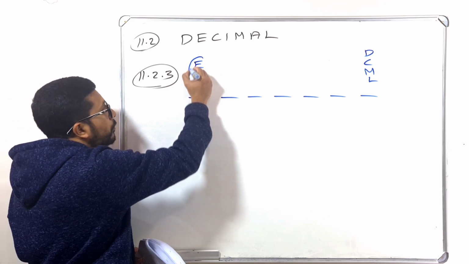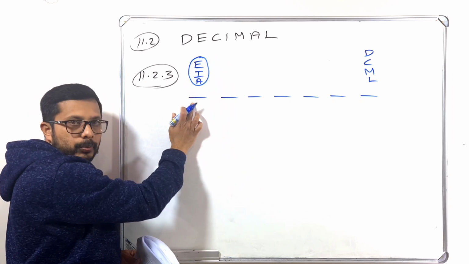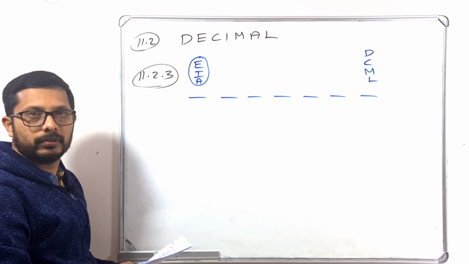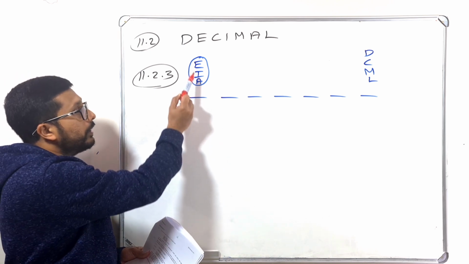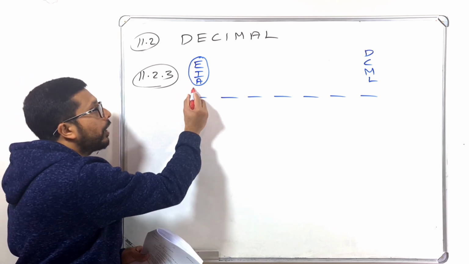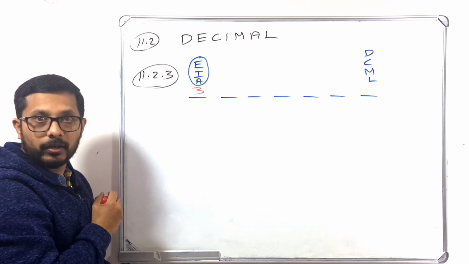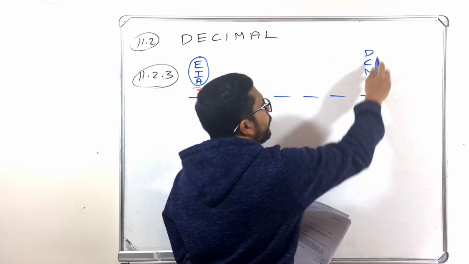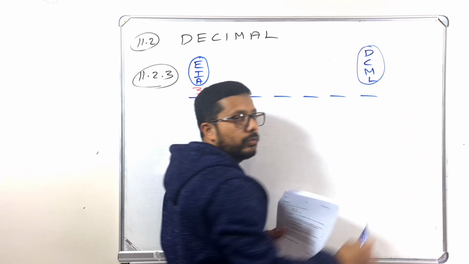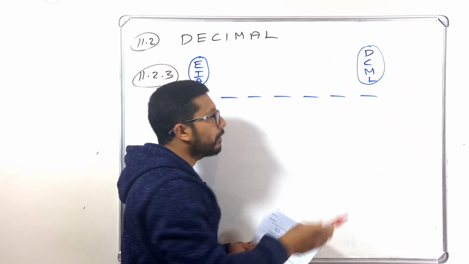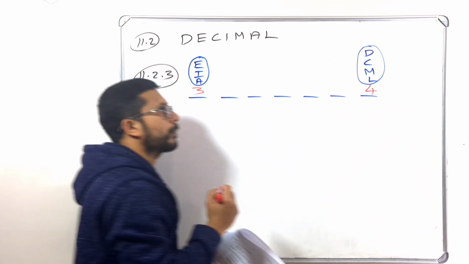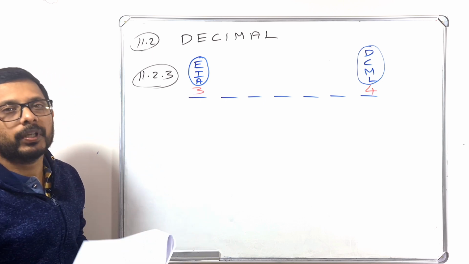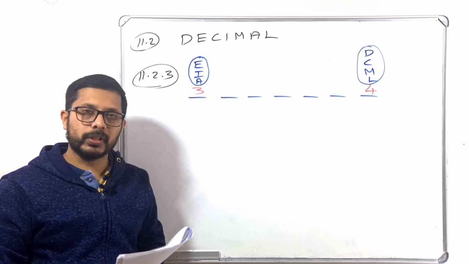For the first position to be filled, how many different options do I have? Either E, I or A. That means I have 3 options. For the last position to be filled, I have 4 options, either D or C or M or L. So in total how many letters did we use?